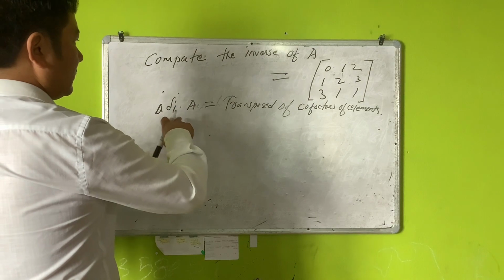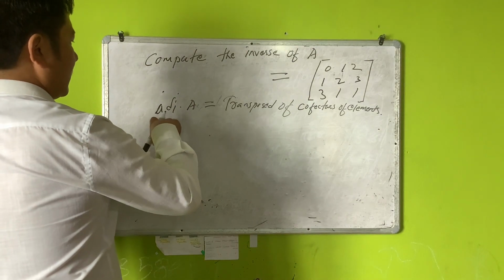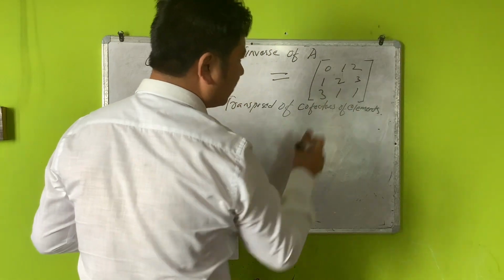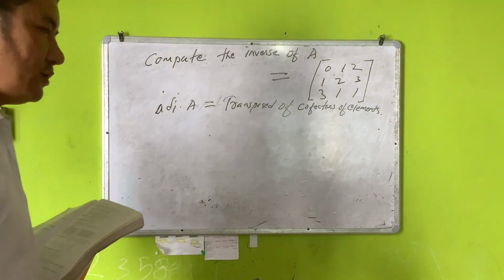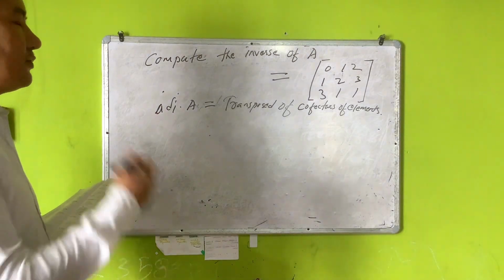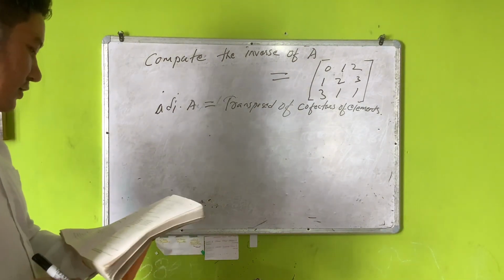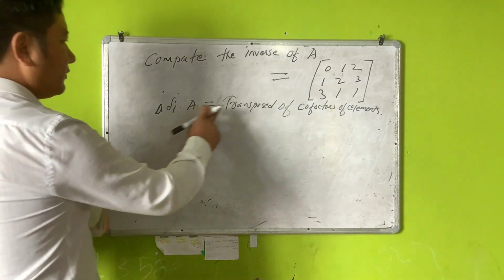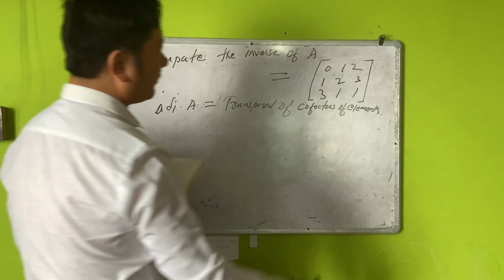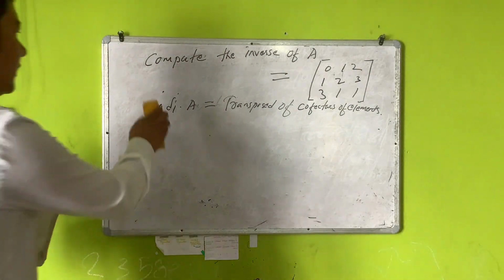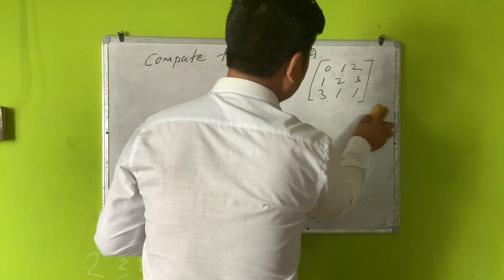When you take the cofactors of all the elements and then transpose that, it will be adjoint of A. Okay, adjoint of A means transpose of cofactors of elements. So first we have to calculate cofactors of elements.